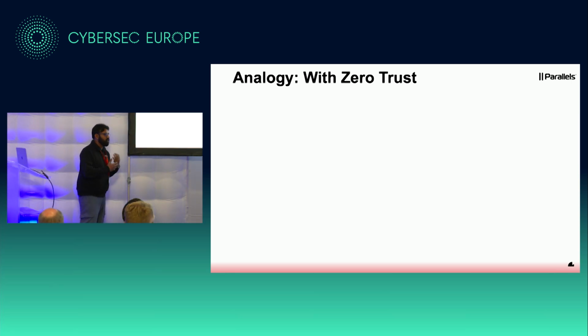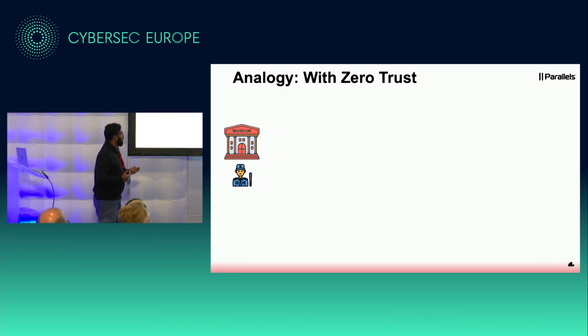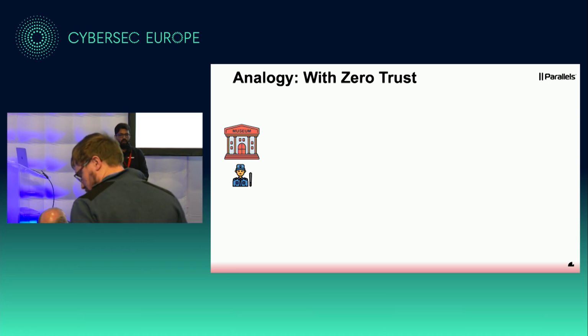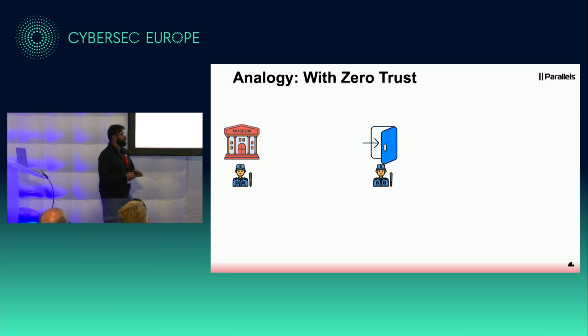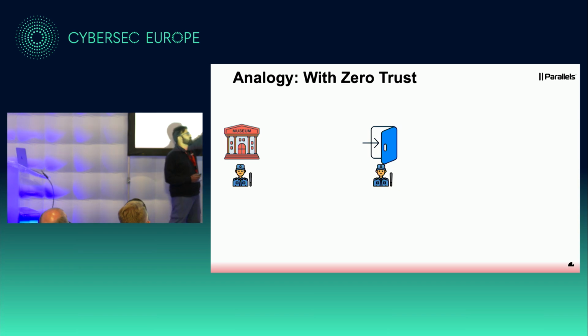To understand what Zero Trust security is, in this example, I'm going to use a museum. A museum has a lot of monuments which are precious, and you need to preserve and secure them.